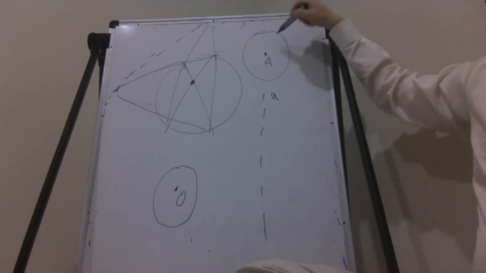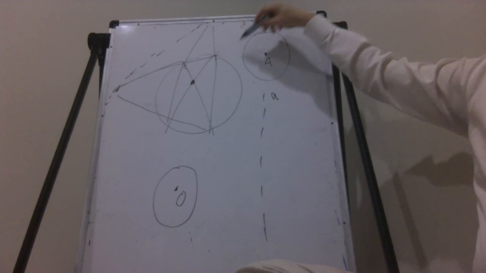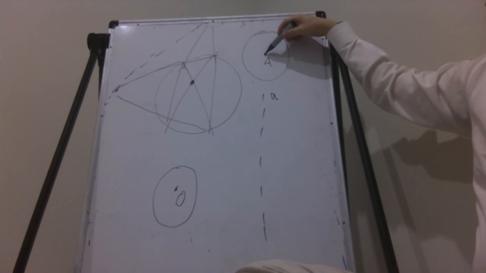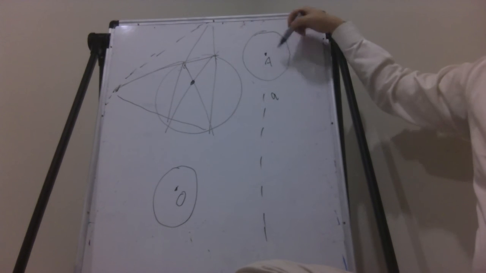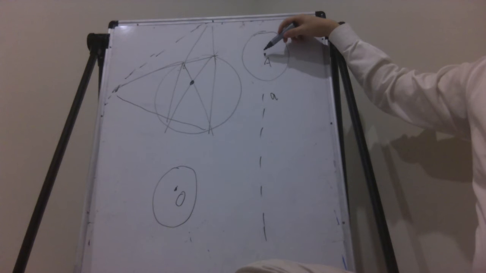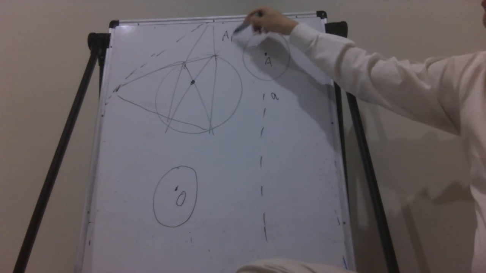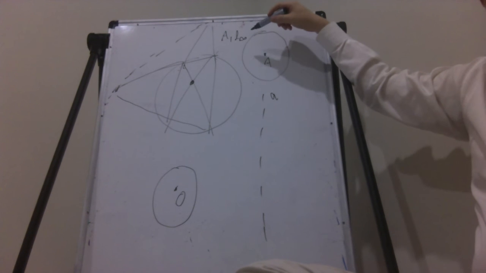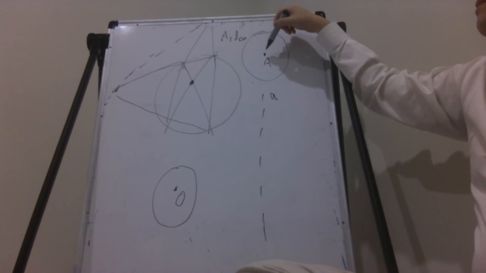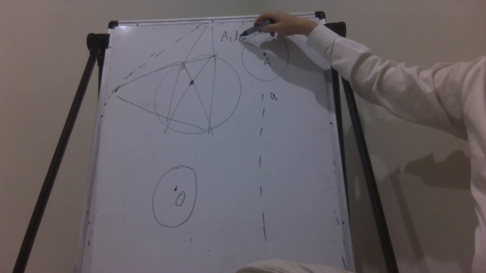But with respect to this circle, if you're reciprocating with respect to this circle, this is the center. So A is paired with the line at infinity as its polar, when we add the projective plane.